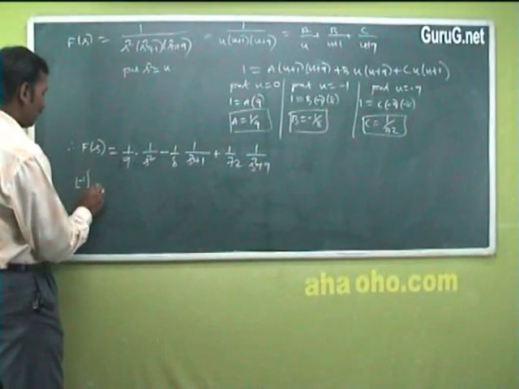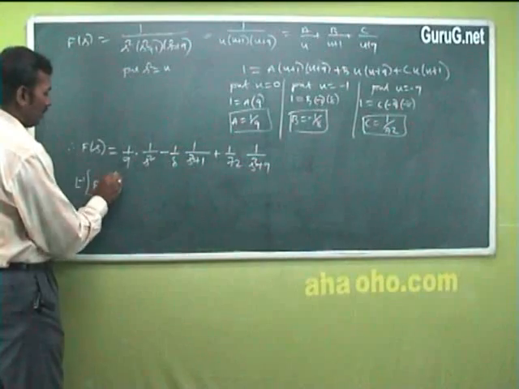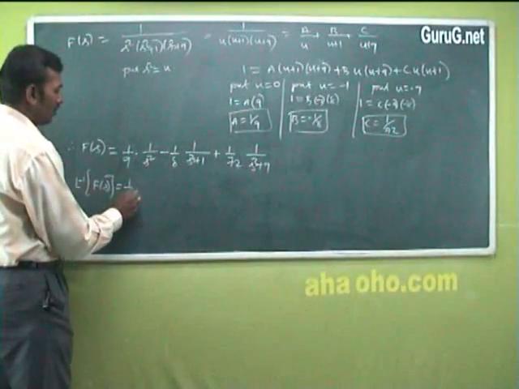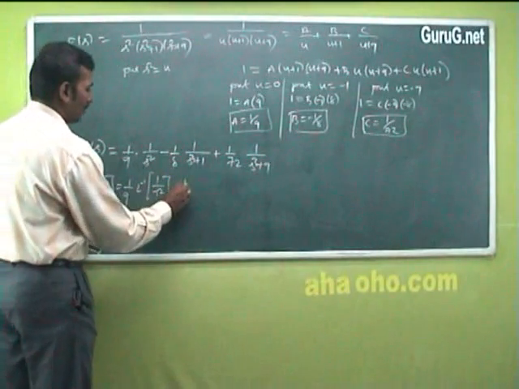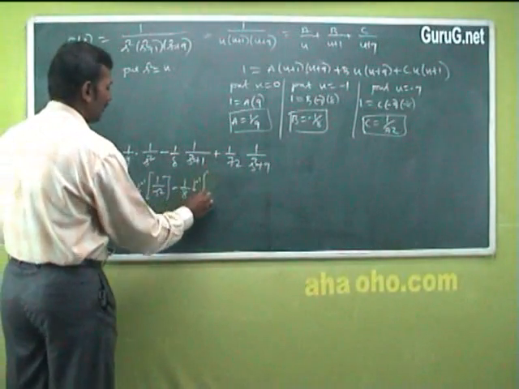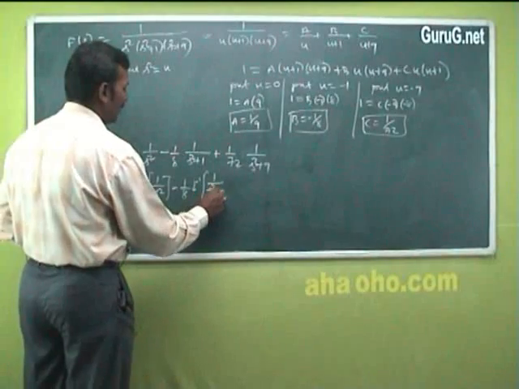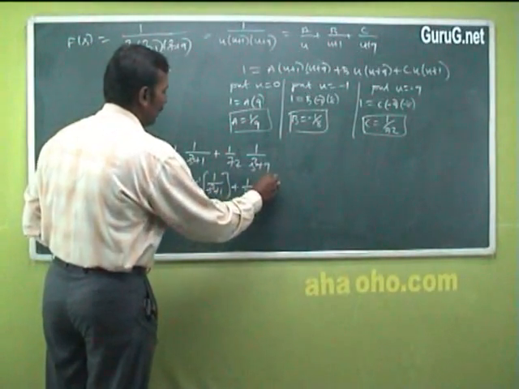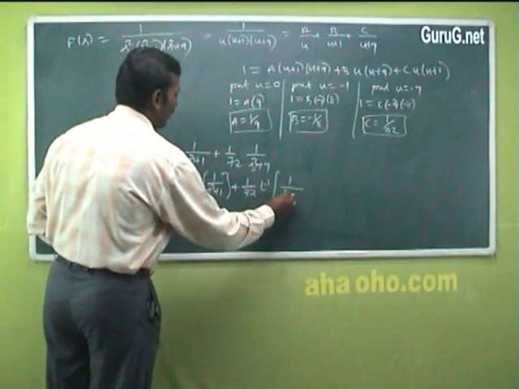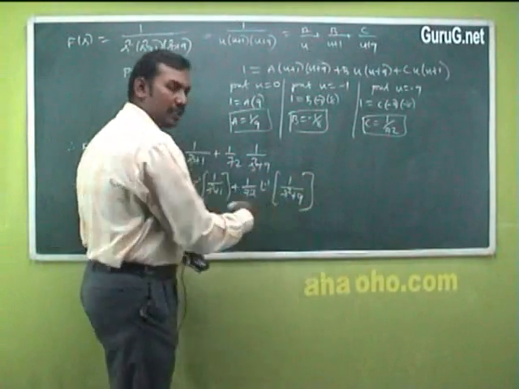So L inverse of f of s equals 1 by 9 into L inverse of 1 by s squared, minus 1 by 8 into L inverse of 1 by s squared plus 1, plus 1 by 72 into L inverse of 1 by s squared plus 9. Right?